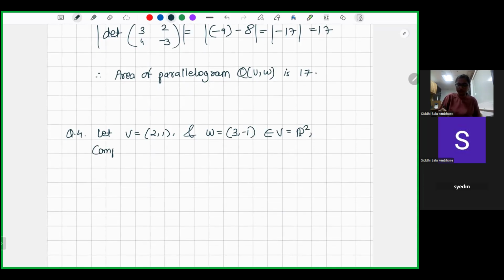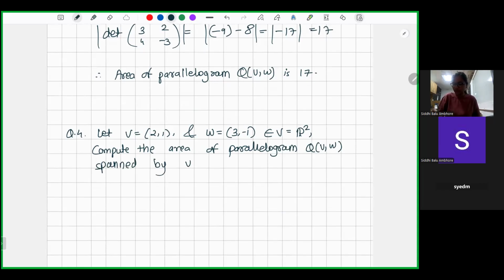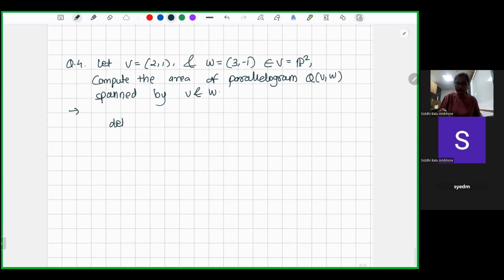And again we have to compute the area of the parallelogram spanned by this V and W. Okay, and again it will be the absolute value of the determinant of this matrix, 3 minus 1, that is -2 minus 3, and that will give me again -5.